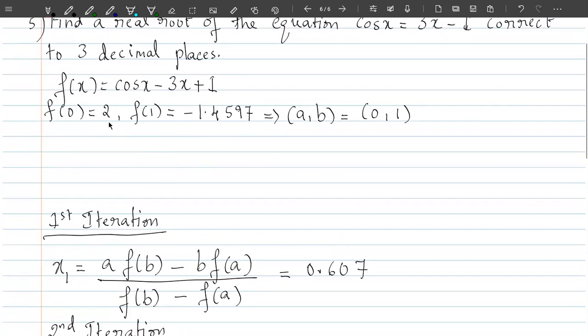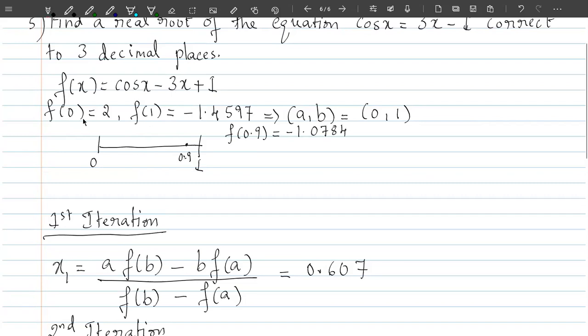So that means the required root lies between 0 and 1 and it is more close to 1 than to 0. So we take a number, say 0.9, which is close to 1, and let's see whether we can make one interval here.